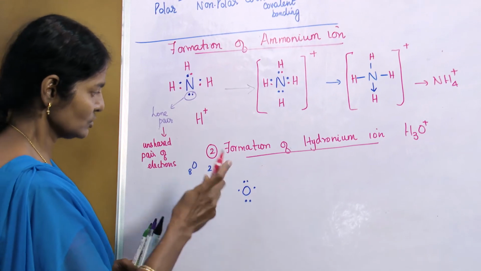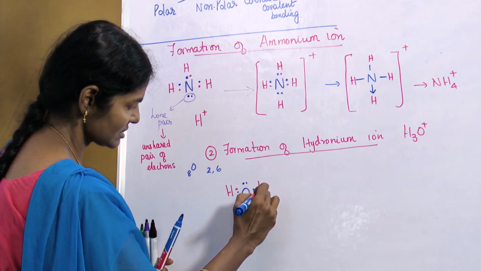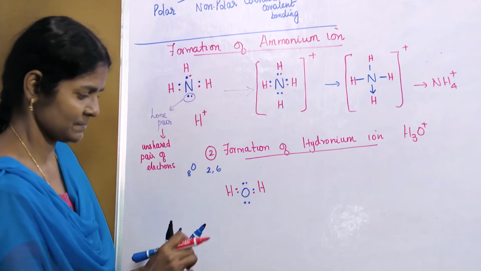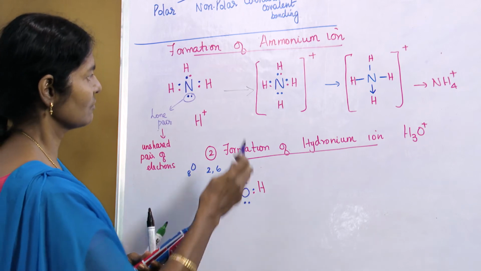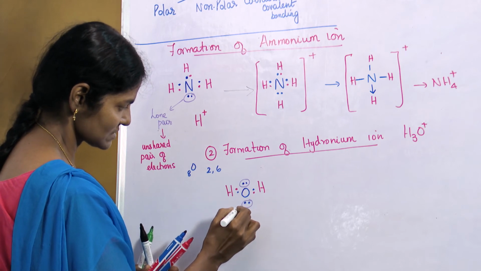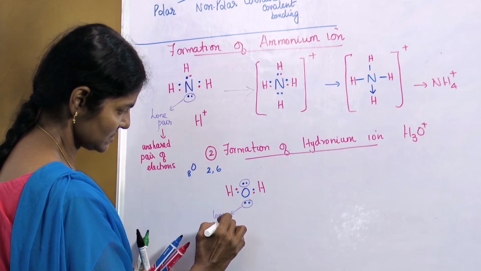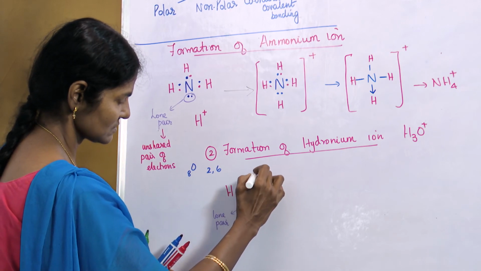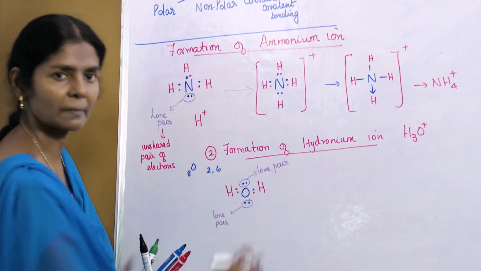And there are 2 hydrogen atoms, one on this side and one on this side. So that means here you have 1 lone pair, here you have 2 lone pairs. Oxygen atom has 2 lone pairs. We have to label them like this.